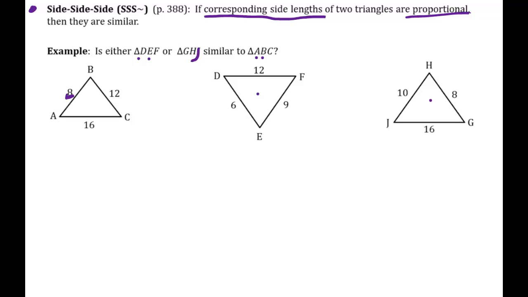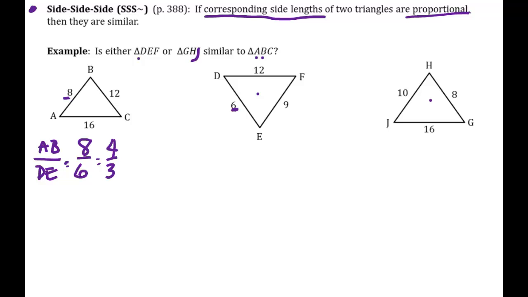I'm going to draw over the number 8. And it's going to be in the same ratio, hopefully, to the smallest side of the other triangle. So we want the ratio of corresponding sides, AB over DE. So we've got 8 over 6. Divide both by 2, and we get 4/3. So that's the ratio of AB over DE.